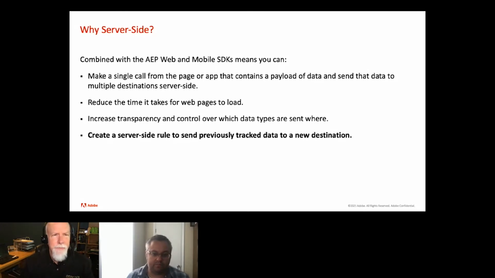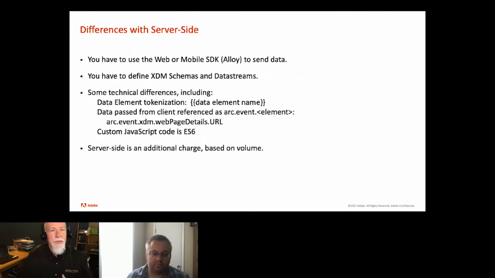So there are some differences between client side and server side, if you haven't messed with the server side yet. You have to use the web or mobile SDK, which a lot of people refer to as Alloy. You can also use Launch extensions, and there's the alloy.js file you can use, and that sends the data up to the edge.